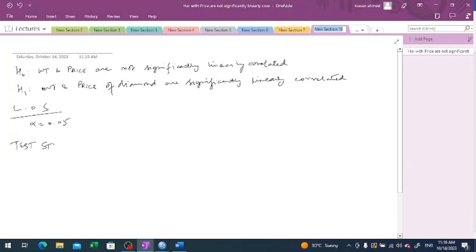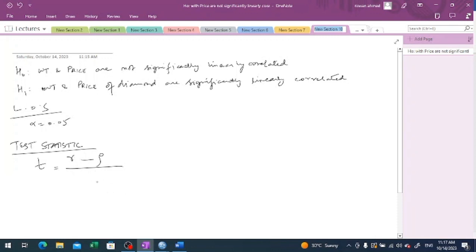The test statistic for this hypothesis testing is T, that is R minus rho, the difference between the sample statistic and the corresponding population parameter. That's the norm in stating the T distribution.